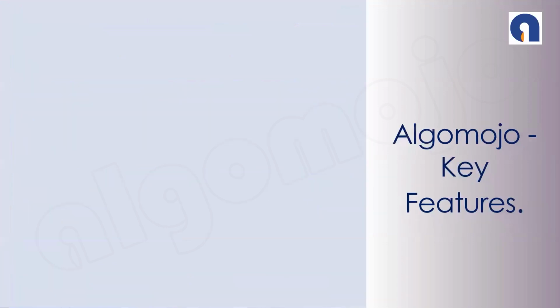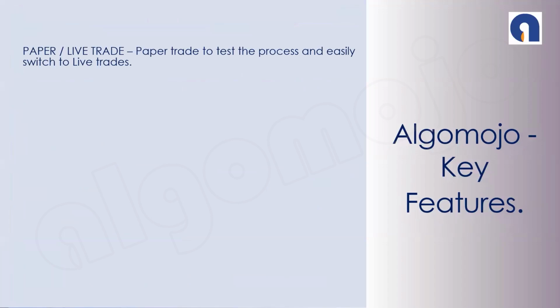Continue with some of the other features. For all users, the paper trade facility is provided. Paper trade is a facility feature which is to help you to understand if the orders are getting processed and placed as per your expectations.